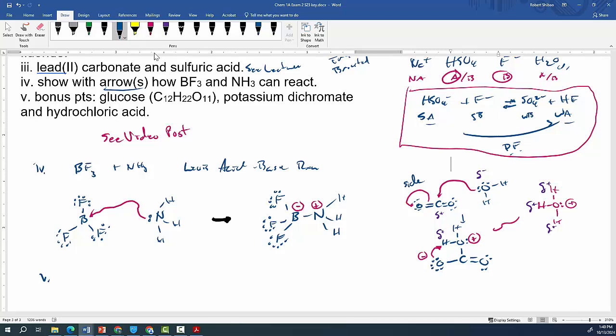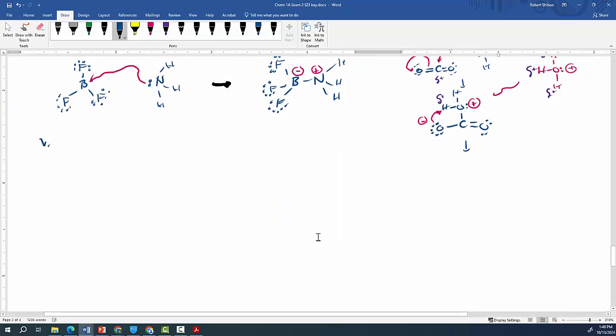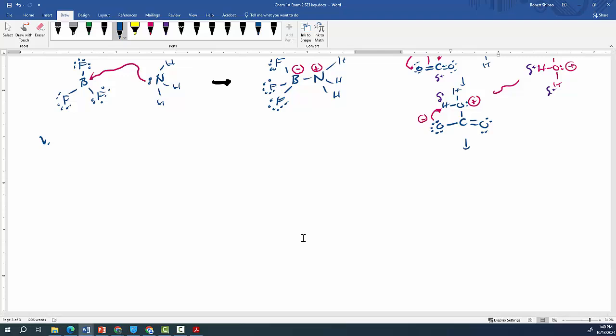And what that's going to form is this. If that oxygen plucks off that hydrogen, we're going to end up with this, where that lone pair is now a bonding pair. And these electrons get left behind. So this oxygen plucks that hydrogen off and leaves these electrons behind.